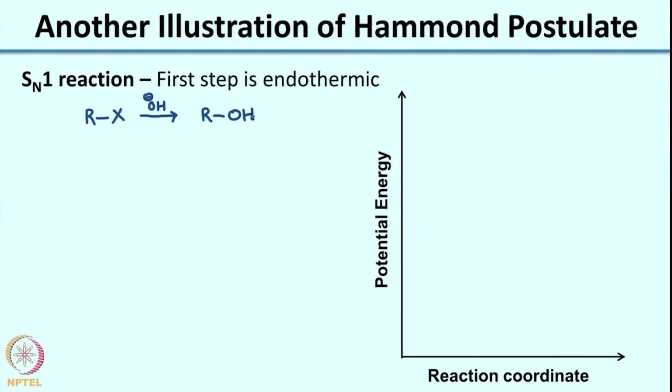What would be the first step? So the first step of an SN1 reaction is generation of a carbocation, and this is the rate determining step. So this has an important role to play in deciding the kinetics of the reaction.